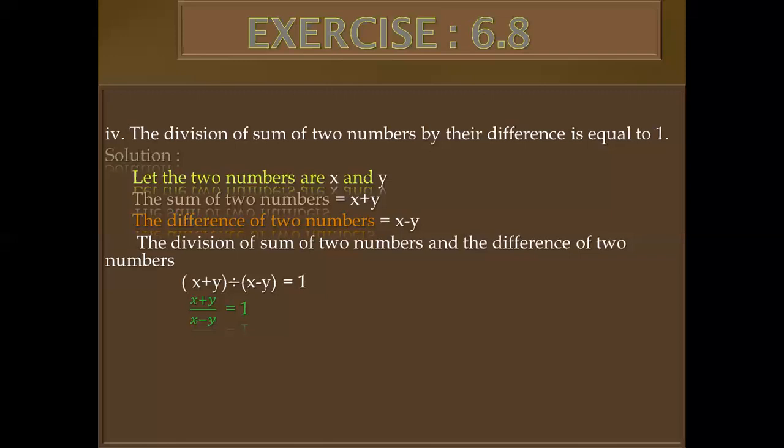So x plus y divided by x minus y is equal to 1. We can also write it as x plus y over x minus y. X plus y is the numerator and x minus y is the denominator. X plus y over x minus y is equal to 1.